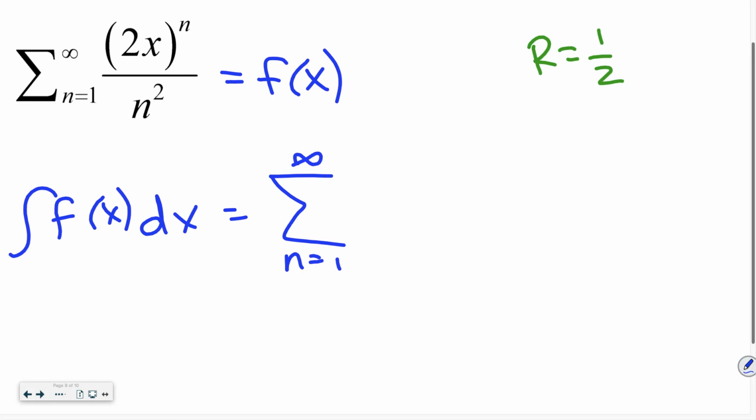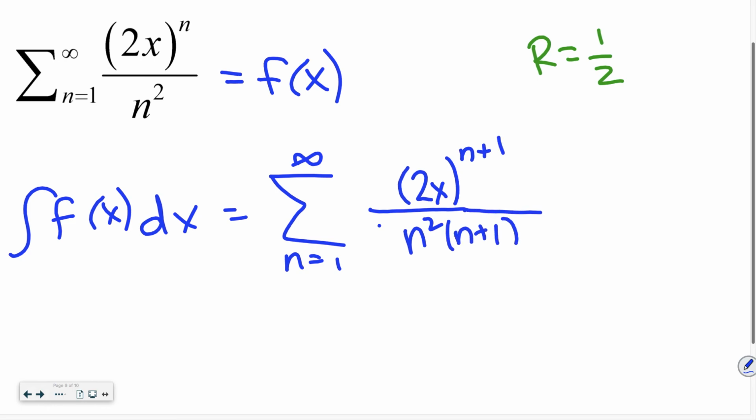N squared is just a constant, but let's think about what we do with the power rule when we take the antiderivative. We add one and divide by it. And then since we have 2 in there, we'll have to counteract that with a 2 in the bottom. What's its radius of convergence? 1/2, because it's the same as the function. You would just have to recheck the endpoints.